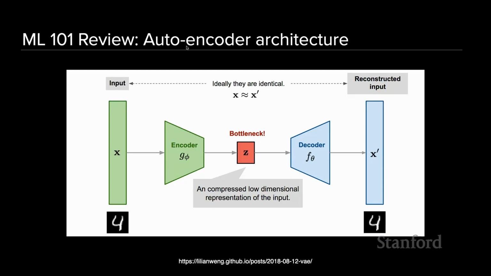So the last thing you need to know to appreciate today's lecture from ML is this idea from the autoencoder architecture. Now you have some input X. You can think of this encoder-decoder pair as your model, and that outputs Y or X dash here, which is the reconstructed input.